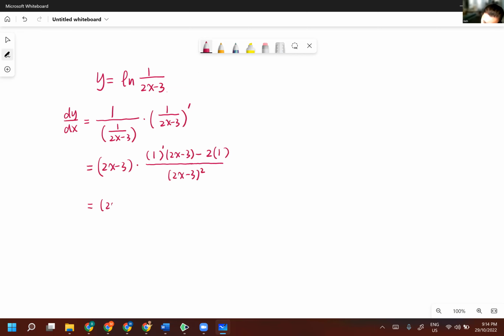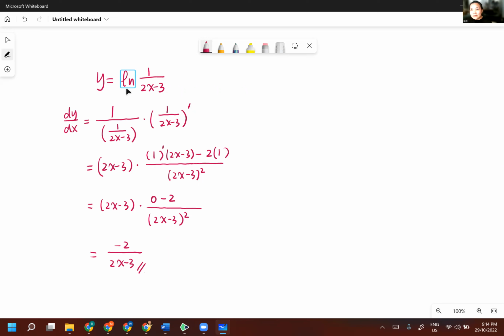So to further simplify, it's 0 minus 2, over 2x minus 3 squared. It's negative 2 over 2x minus 3 in the end. It's quite complicated, to be honest.